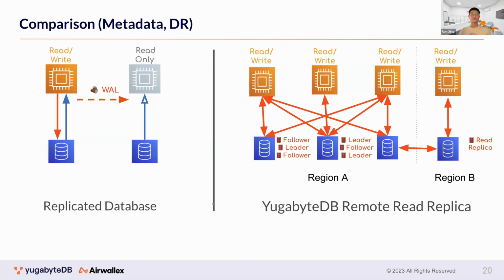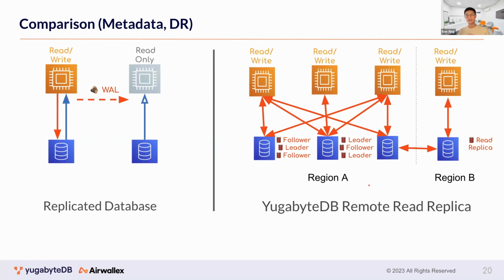The second aspect is more from the disaster recovery point of view, right? In a single node architecture, since node 2 has a complete copy of node 1, when node 1 goes down, you can use node 2 as DR, right?